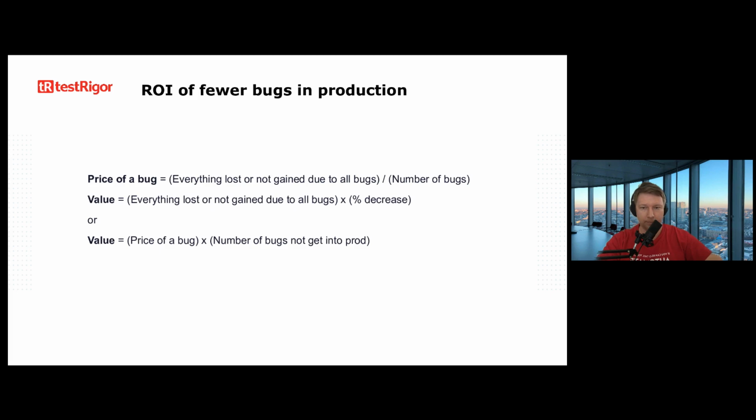Okay. So let's start with fewer bugs in production. And well, technically speaking, it is probably the most correct and straightforward way of calculating the ROI of test automation in general and QA in general, and in particular codeless test automation.